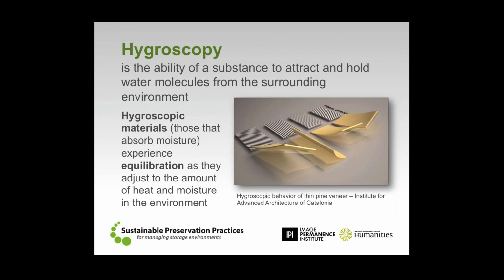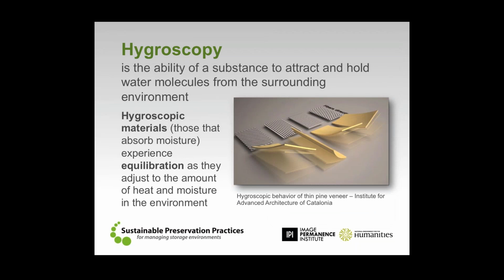And the second concept that we just want to cover real quick is this idea of hygroscopy. And again, this is just looking at it in a very base manner, the ability of a substance to attract and hold water molecules from the surrounding environment. So we're talking about materials that can, by and large, absorb moisture. It's just a very simple way of thinking about it for everyday practicality. But the key is that any material that is hygroscopic is going to experience equilibration as the amount of moisture in the environment surrounding it changes.